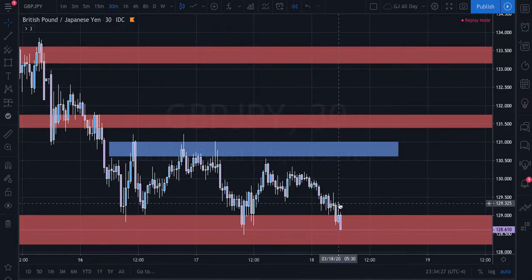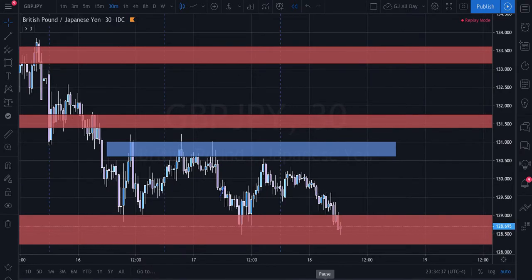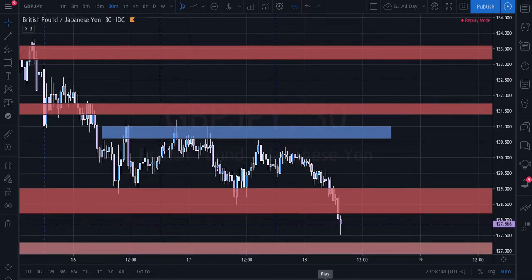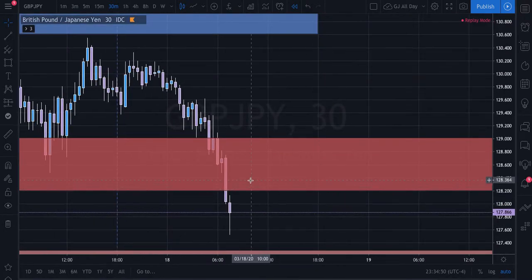5:30, 6 o'clock. Let's play. See what we got. All right, so we got a breakout. So this next candle would have been our entry. So price would have pulled back.